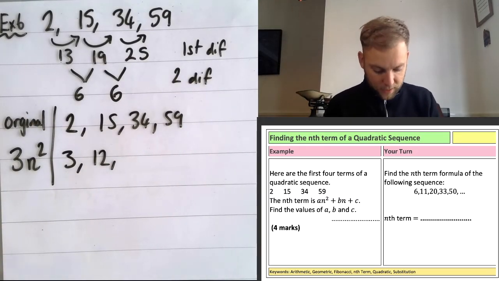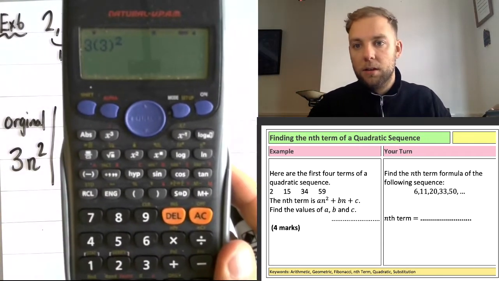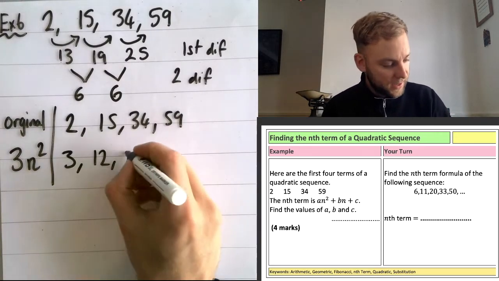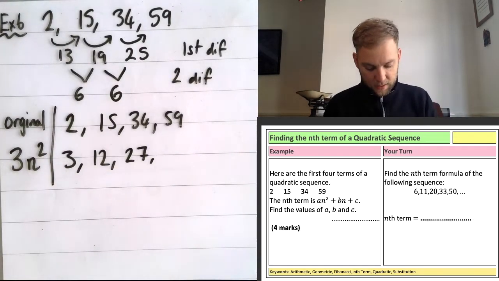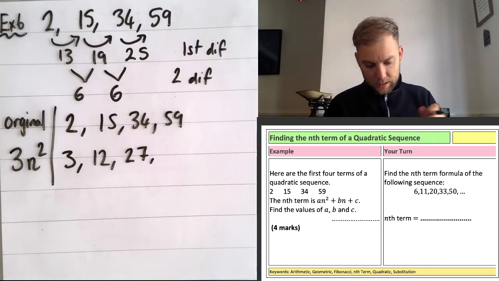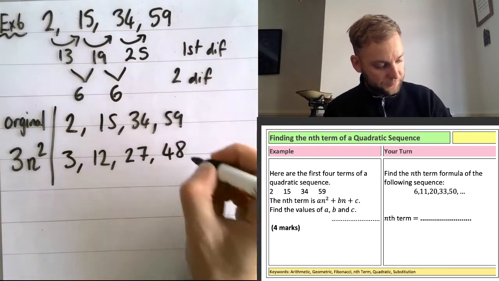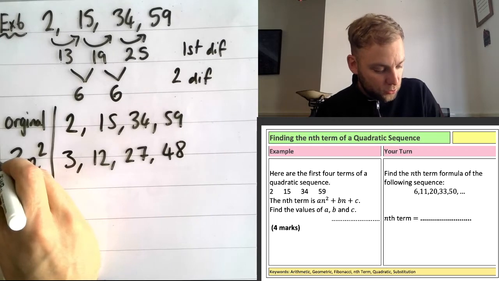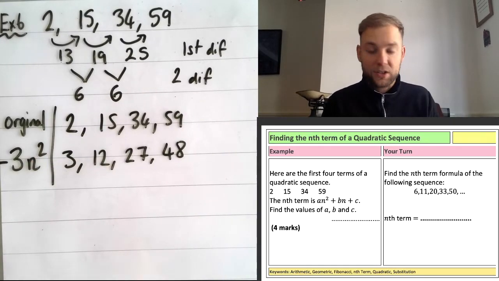And then 3 bracket 3 times all squared there. So 3 times 3 squared is 27. And then 3 bracket 4 all squared, just there like that. So that there is 48. Now remember, you're subtracting your squared values away from your original.